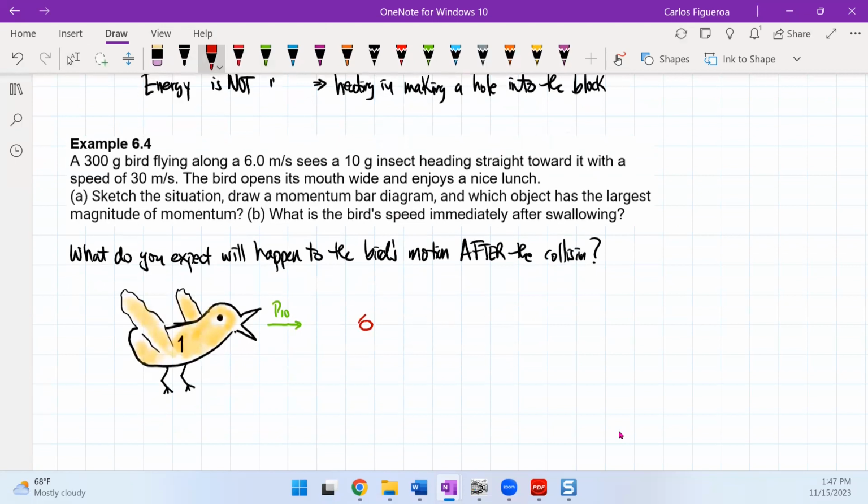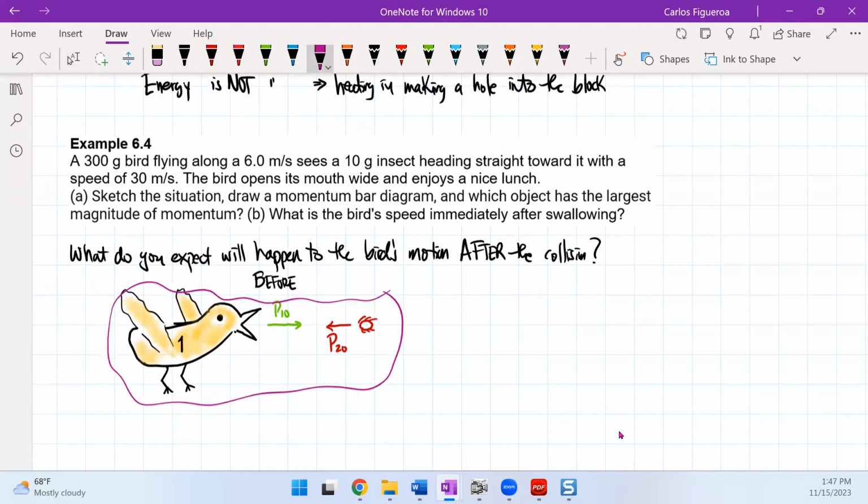Maybe my red bug is moving through the air, something like this, and it also has a momentum of P2 initial going in that direction. So this is my before. When I look at my system, I could see that the only external forces that could change momentum have to be horizontal ones. So if it's right before the collision, I shouldn't have an issue with this.